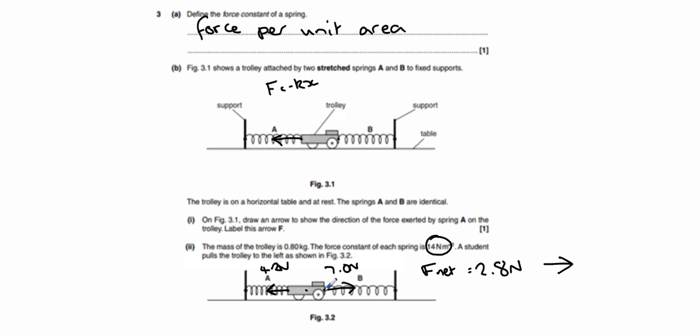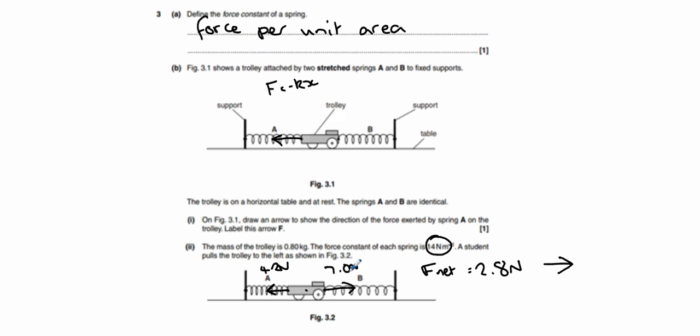The extension is going to get smaller because it's going to move to the right. We know it's going to move to the right because the net force is to the right. As it starts to move to the right, the extension on spring B will get smaller. Therefore, the restoring force will get smaller. But as it moves a slight distance to the right, the extension on spring A will increase.